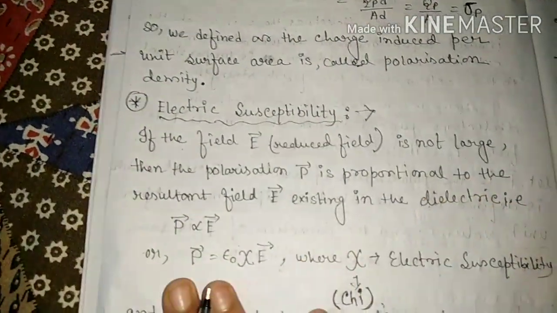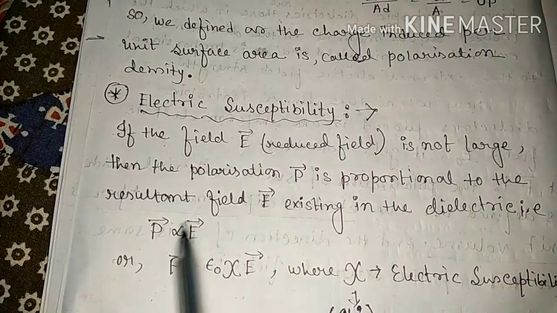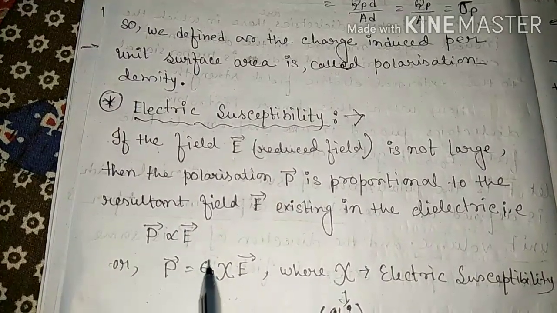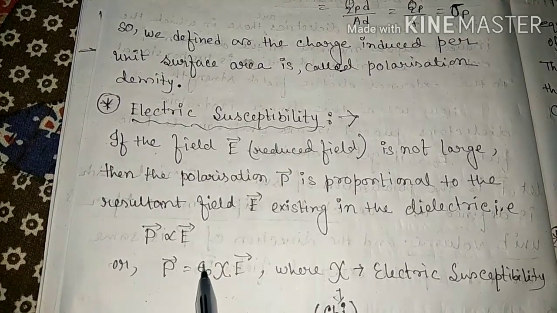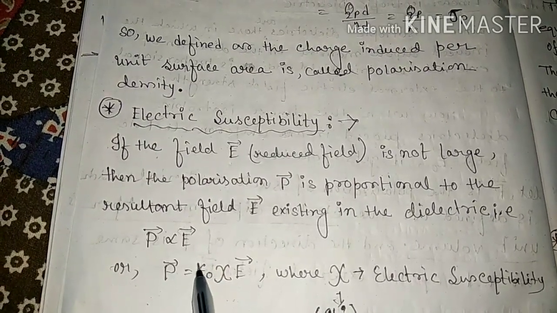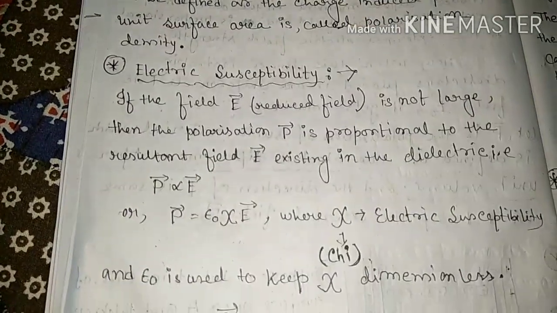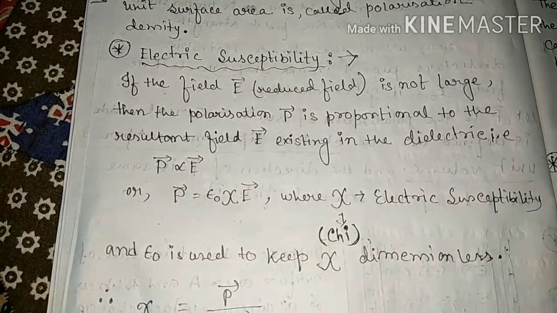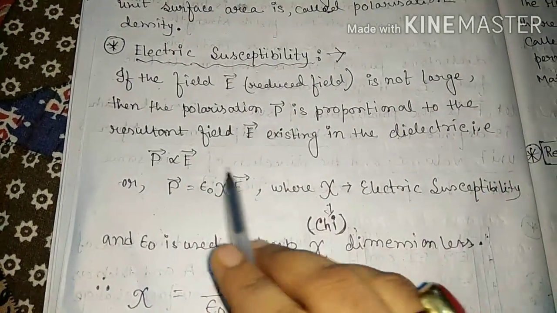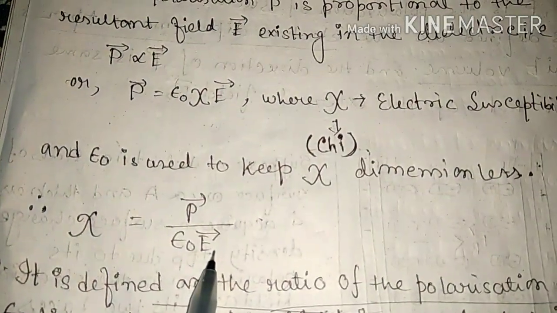If E is not so large, then the polarization density P is directly proportional to the reduced electric field, P proportional to E, and P equals epsilon naught chi into E. This epsilon naught chi is a proportionality constant, and we multiply with epsilon naught to make chi a dimensionless quantity. So chi is the electric susceptibility, also called the proportionality constant. Epsilon naught is used to keep chi dimensionless. From this expression, chi equals P by epsilon naught into E.